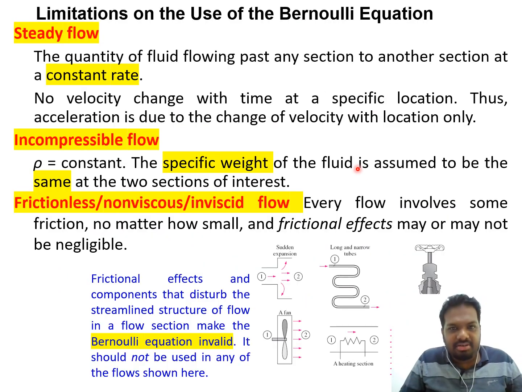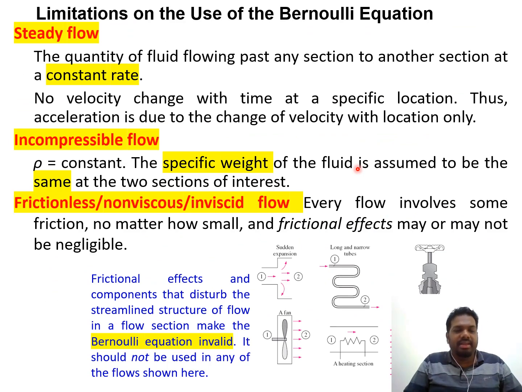The limitations on the use of Bernoulli's equation, which I discussed earlier: you must have steady flow, meaning the fluid flow must have a constant rate. If it's changing, you cannot use it. It must be incompressible flow, meaning the density is constant throughout the flow.